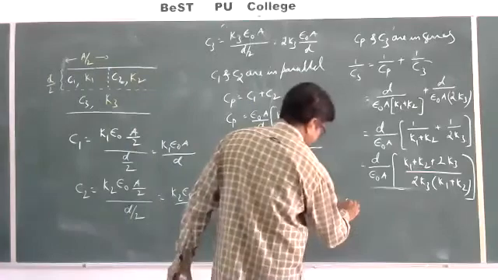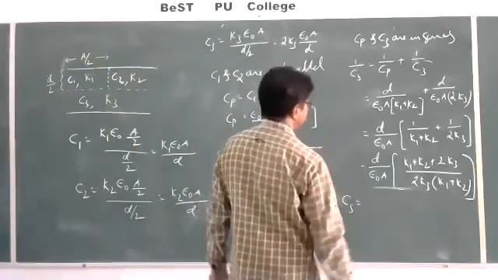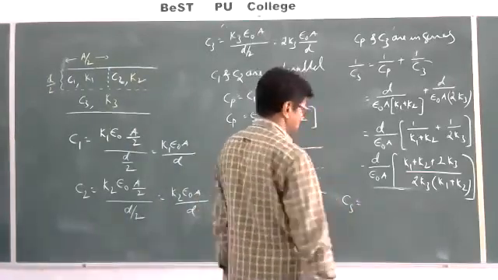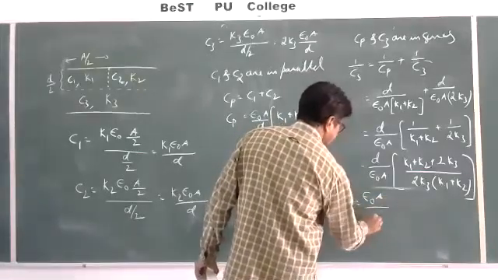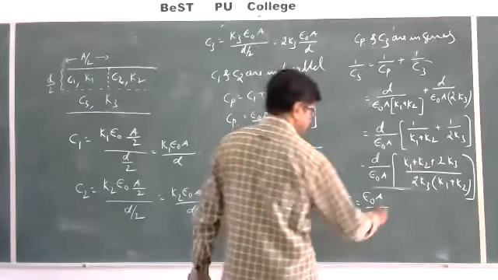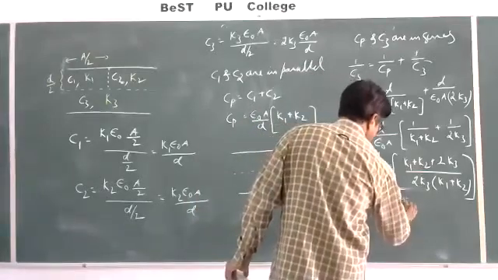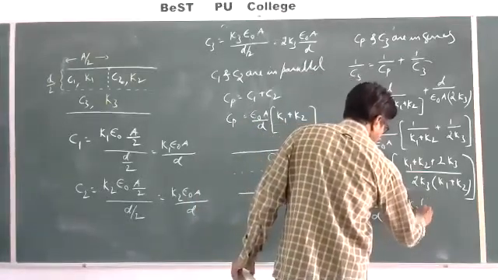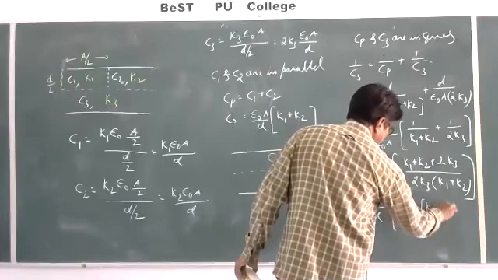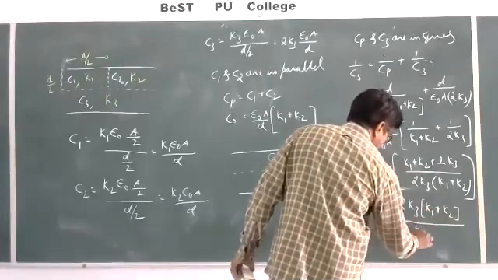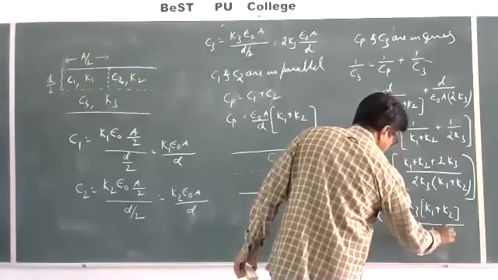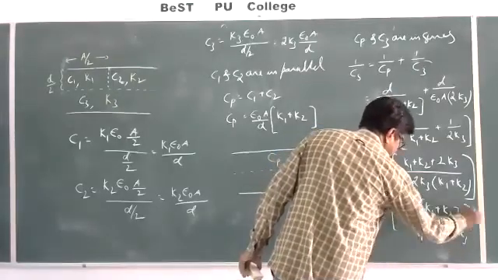Then Cs is equal to epsilon naught A by D into 2K3 into K1 plus K2 by K1 plus K2 plus 2K3.